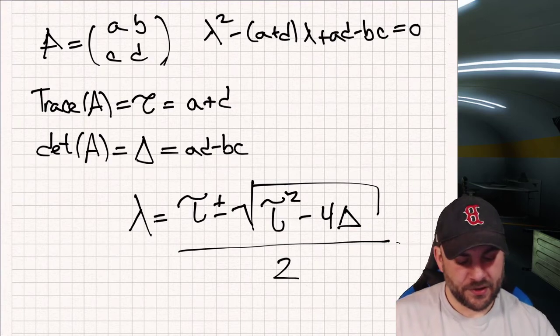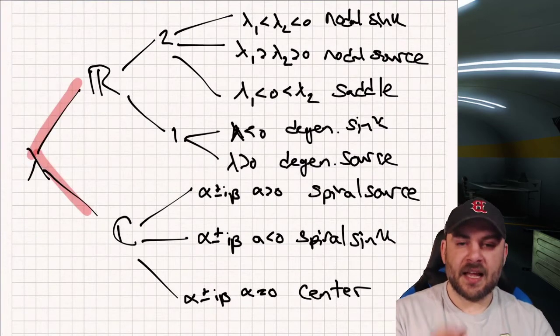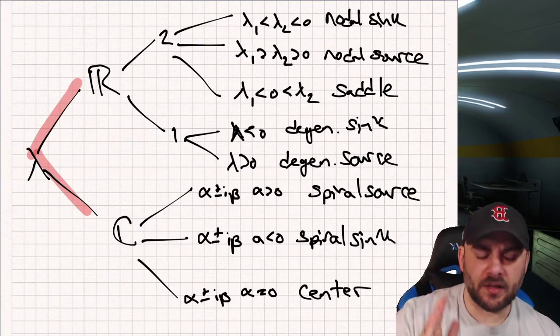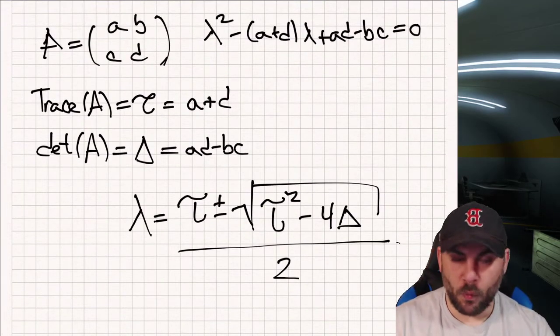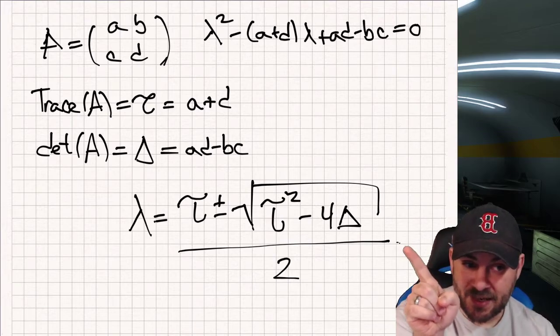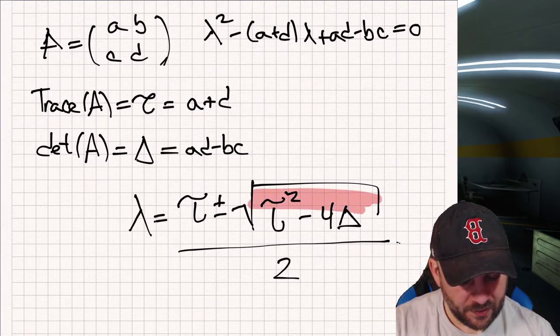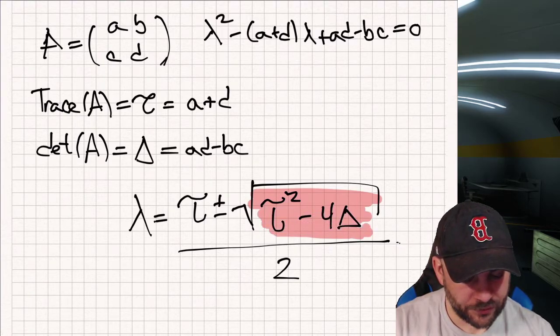All right. So now if we reference this red branching, this red fork right here, the difference between real and complex, where does that come from on this expression for lambda? It's all controlled by this bad boy right here.